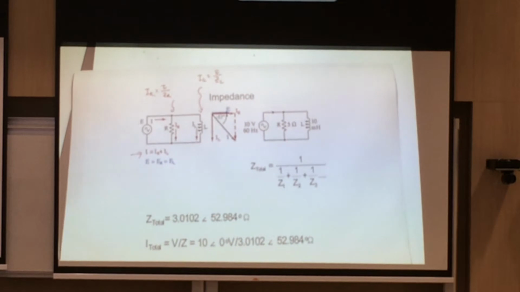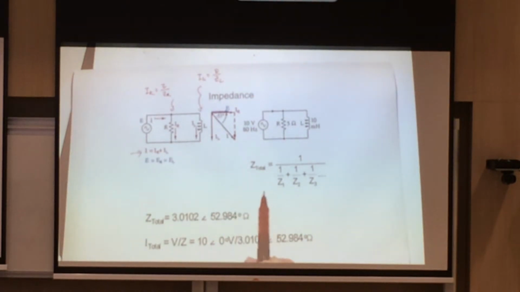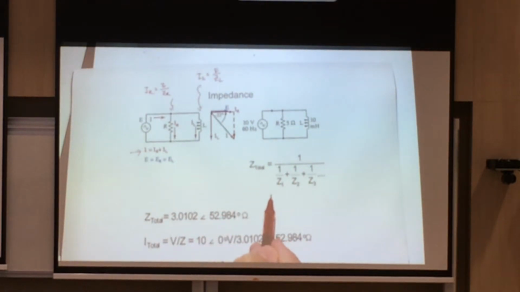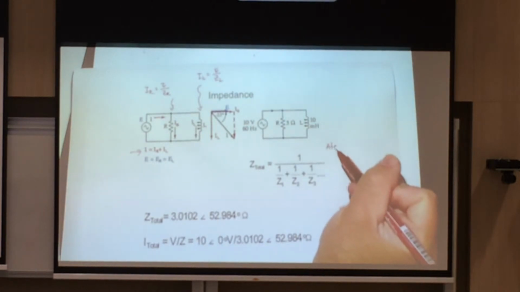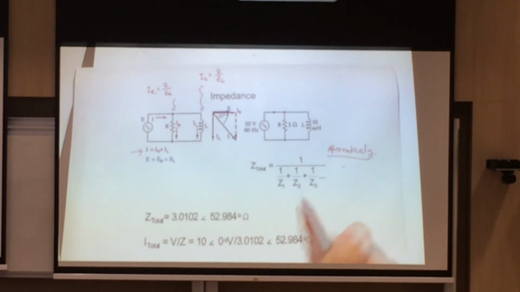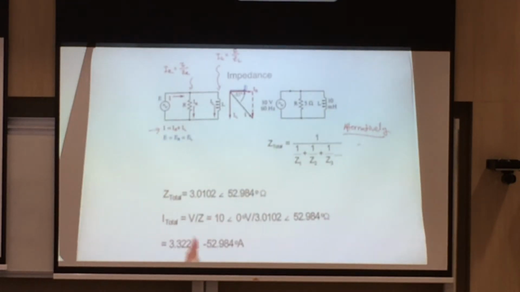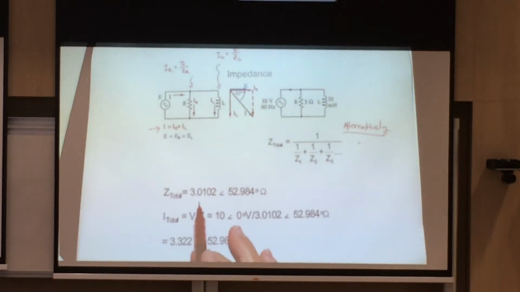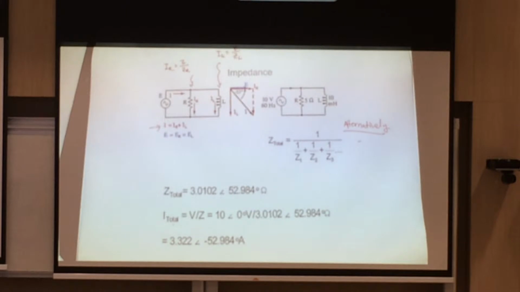Now, alternatively, you can actually work out your Z total using this formula. You can work out this. So once you have the Z total, which is a complex number, use calculator. Then your I total will just do this, and then give you this. Okay.